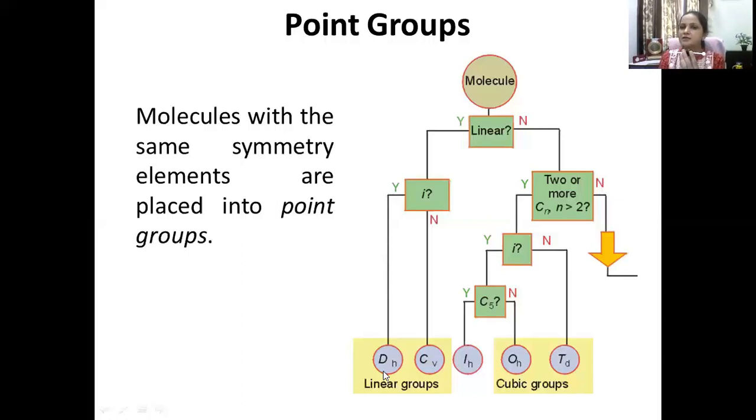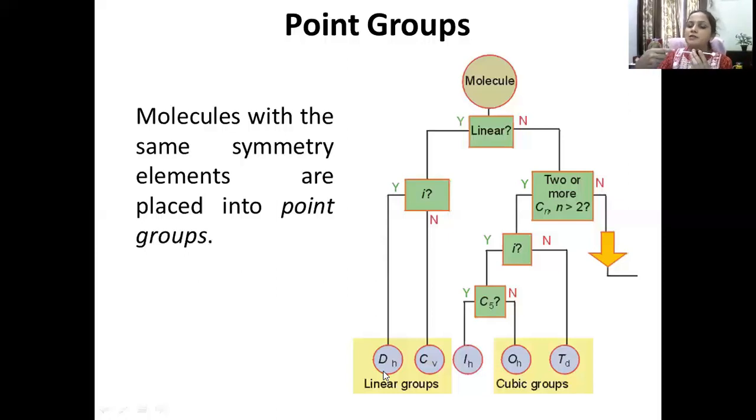The carbon possesses a center of inversion, and this molecule has one principal axis, which is C infinity, and there is another rotation axis, which is C2, through which I rotate the molecule to get the identical structure.